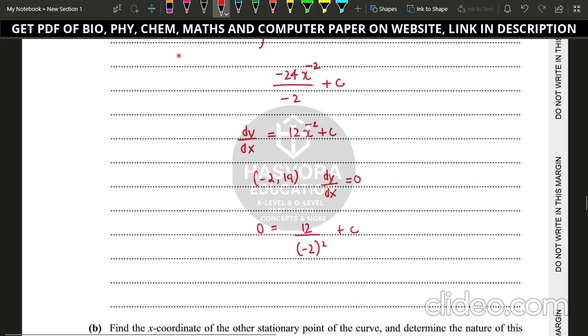So this becomes 12 divided by 4, which is plus 3, plus c, and then shifting it to that side it becomes minus 3. So your dy by dx will be equal to 12 over x squared minus 3. This is your equation for dy by dx. So just as simple as this.